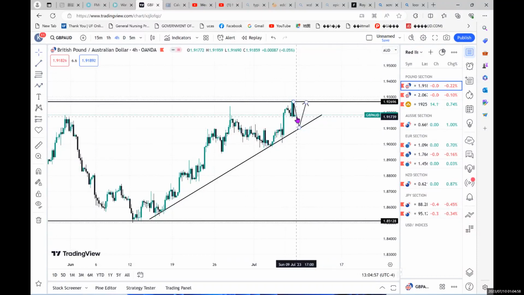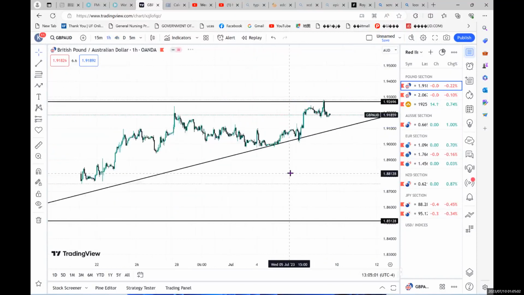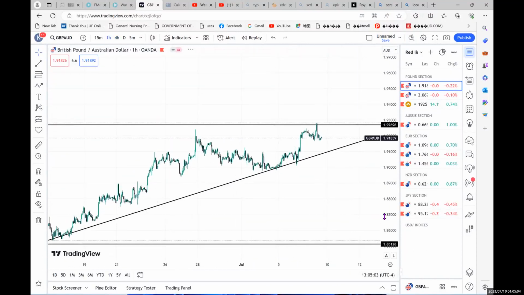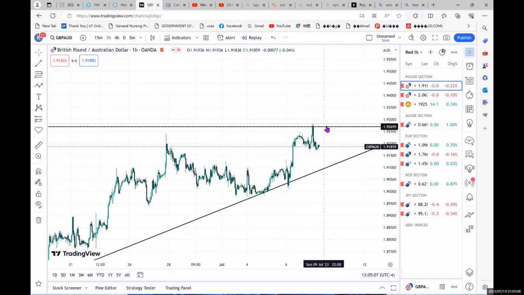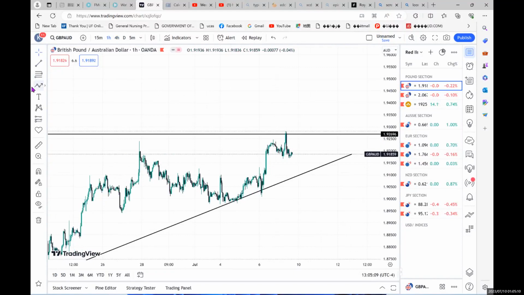Now let's go down on the 1 hour and see what else we have. On the 1 hour, you can see that price is also bullish, which is good because we're looking for buys. So here we have higher low, higher high, higher low, higher high, and then price is back down to that higher low here.